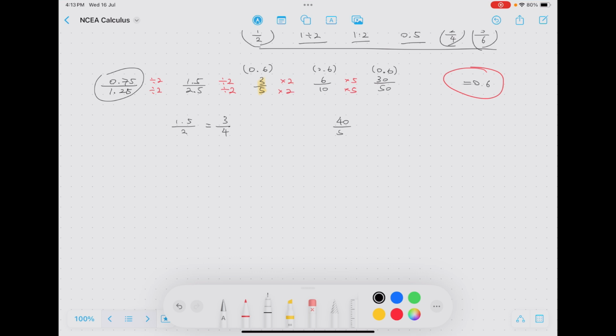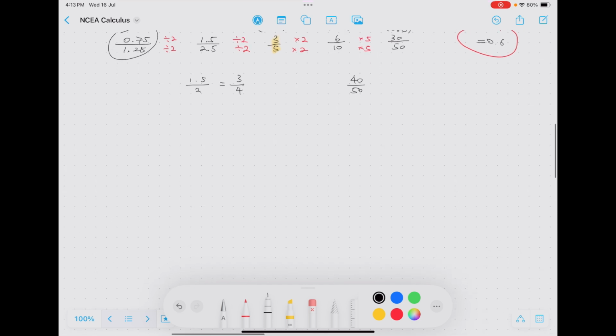If I have a fraction and the numerator and the denominator have a common factor, a factor is an integer that can be used to divide the number and still have an integer outcome. For instance, 40 divided by 40 equals 1, and 1 is an integer, therefore 40 is a factor.